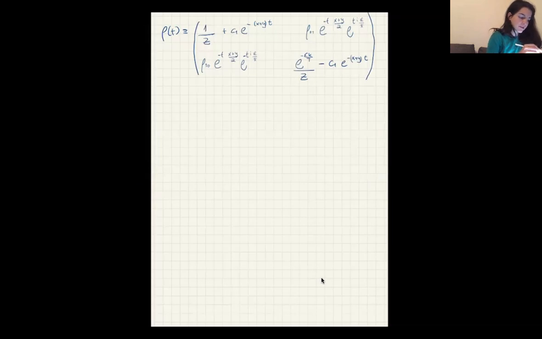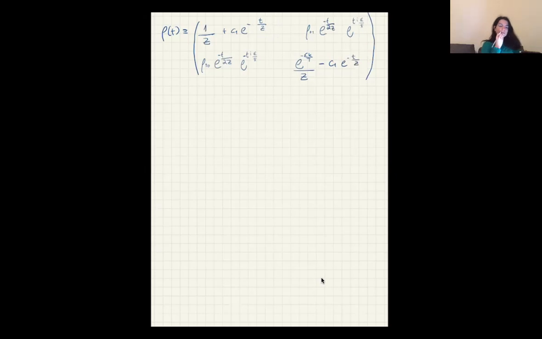So I can replace it there as t over Z. That's t over 2Z. That's t over 2Z. And that's t over Z.